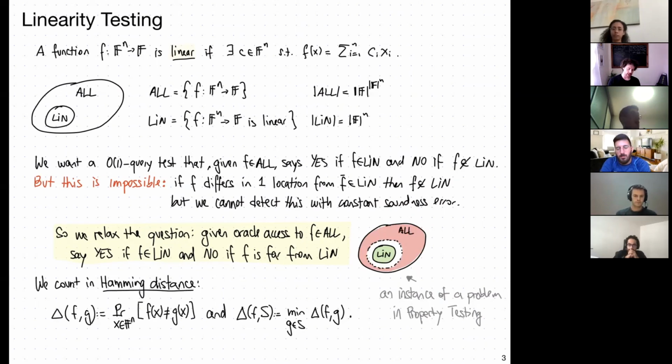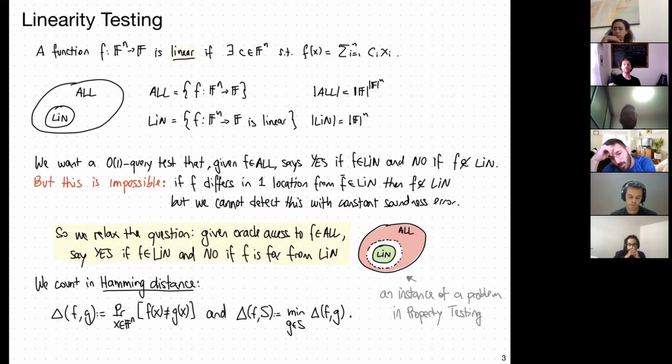It just means that I look at all of the values of x, and I count how many x's on which f and g are disagreeing. And similarly, when I say the distance of a function from a set, it would be the distance to the closest function within that set. Okay, so what does it mean to be a linear function? It means that if I evaluate a function in all places, I get this linear function.